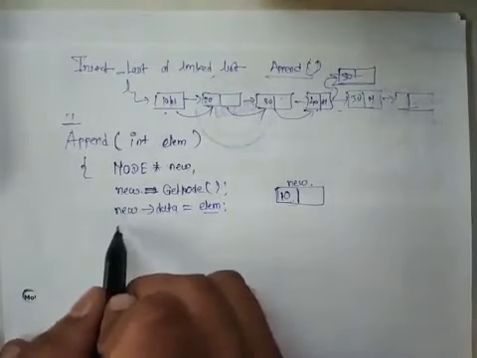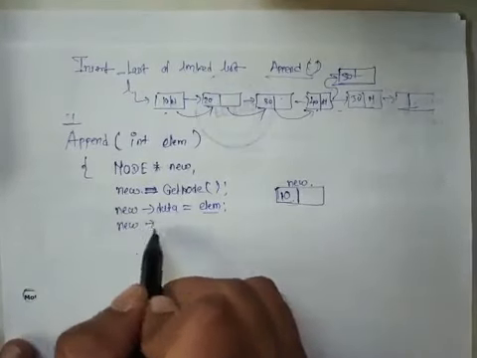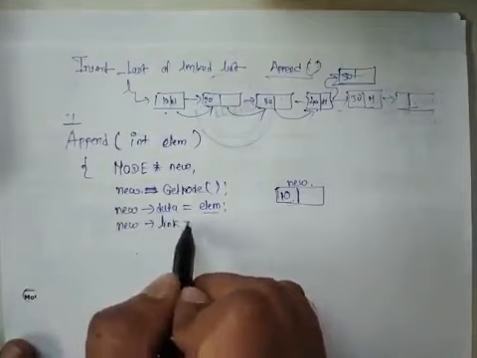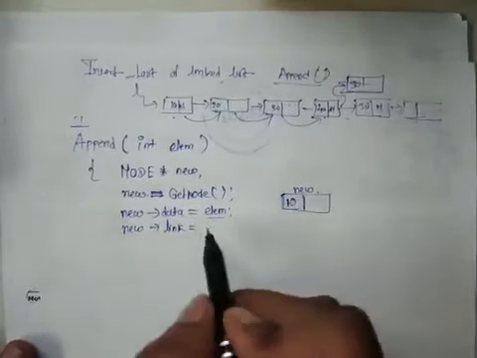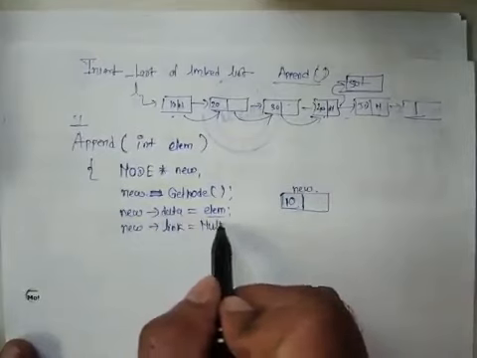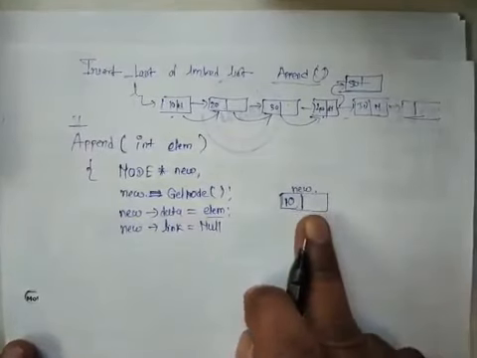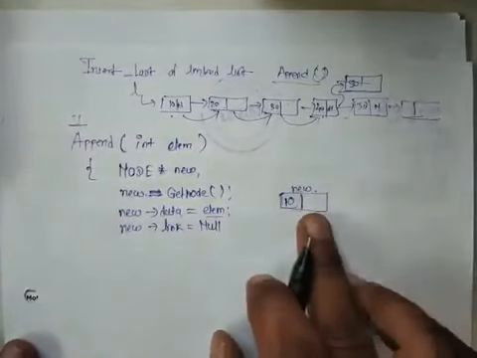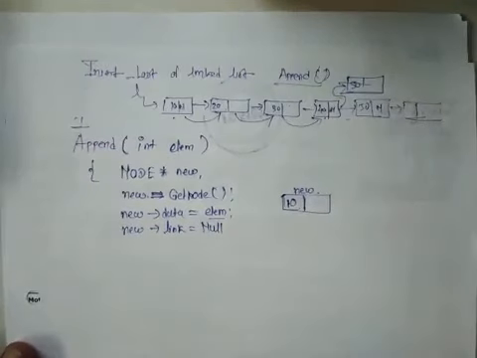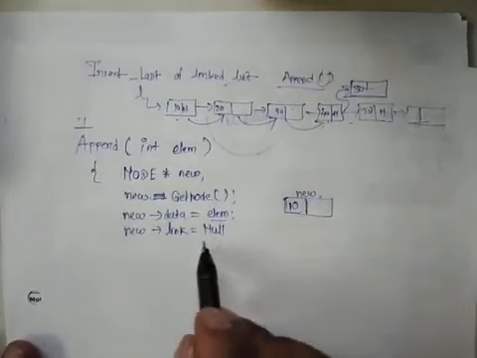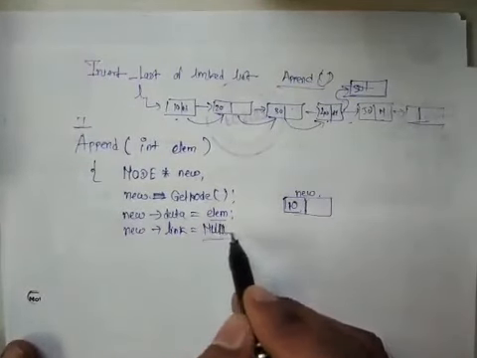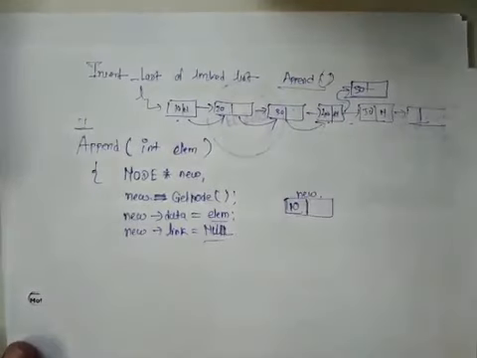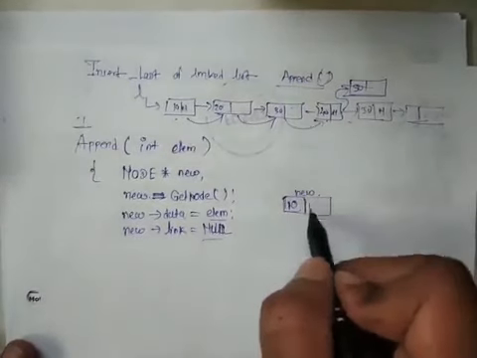And as usual, new of link part: we must assign null to the link part. If you do not assign null, by default it may hold any garbage value, and your program will not work properly. So we assign the null value, written in capital letters, NULL, to this node structure.